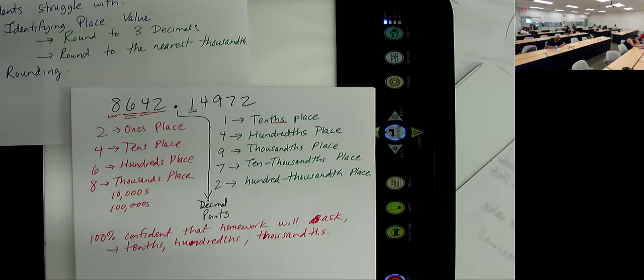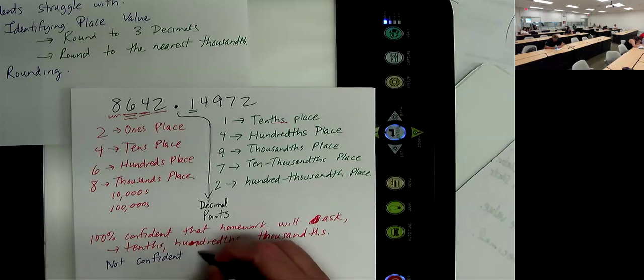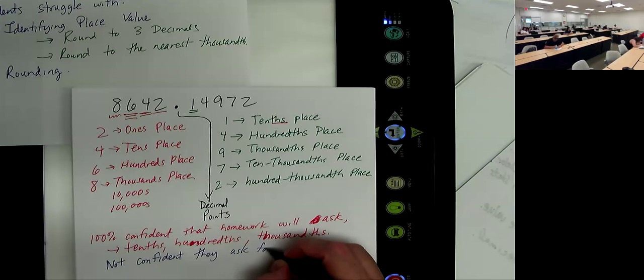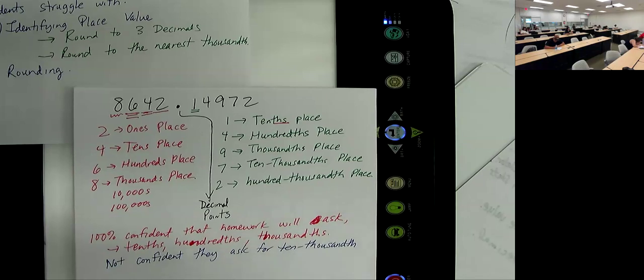I am nowhere near as confident that they ask for ten-thousandths. They'll say 4 decimal places all the time, but I'm not confident that they type out ten-thousandths. And I can't recall ever seeing hundred-thousandths.